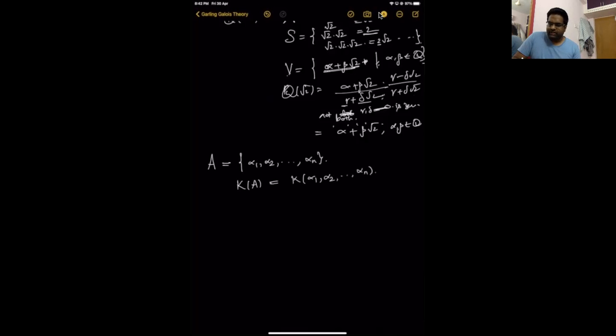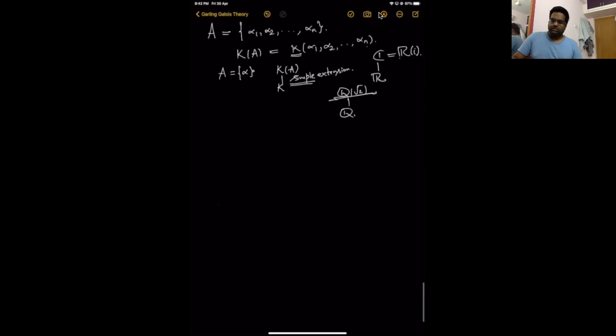This is the field generated by alpha 1, alpha 2, up to alpha n over K. In the case when A is a single element, you call K of a a simple extension over K. For example, C over R is a simple extension because C can be generated as R of i. Or Q of square root of 2 over Q is a simple extension because it is generated by square root of 2 over Q.